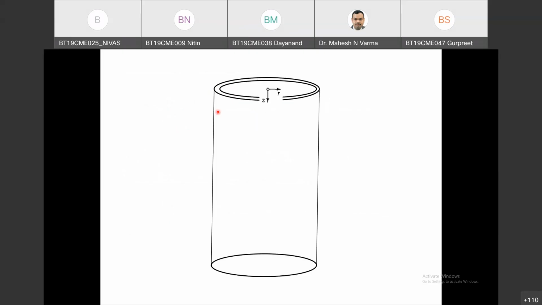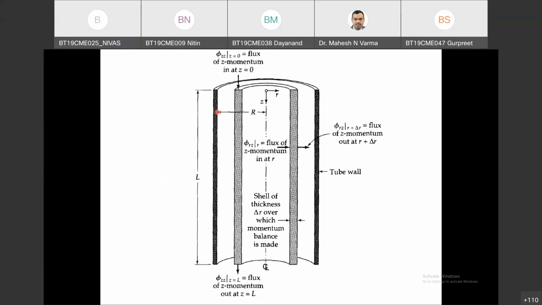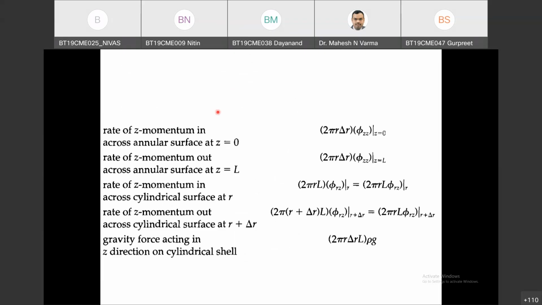So this is the flow direction. This is the origin and coordinate system. This will be our differential shell, because differential thickness will be taken only in r direction, as my properties are varying only in r direction. This is the balance shown: rate of momentum in, rate of momentum out, and the total forces acting in the direction of flow, in z direction.